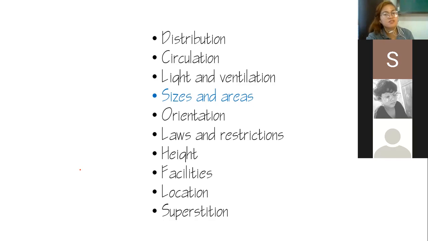So that is BP 344, the accessibility law. If you constructed a building that PWDs cannot access, most likely you will not get a permit from the municipal engineering office or the office of the building official.